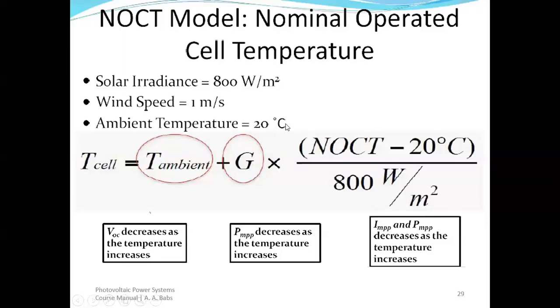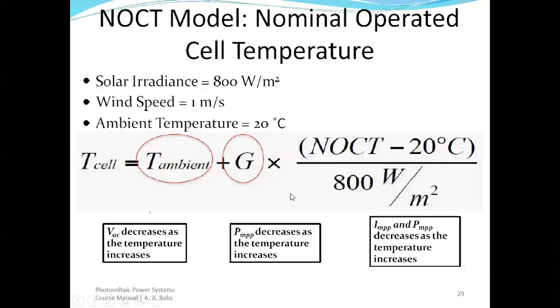So if you want to find the temperature of the cell, this is the formula that you're going to use to do that. Ambient temperature is usually given. We know that as 20 degrees Celsius. You could also call it air temperature. G is always given too, we know that as our 800 watts per square meter under NOCT conditions.